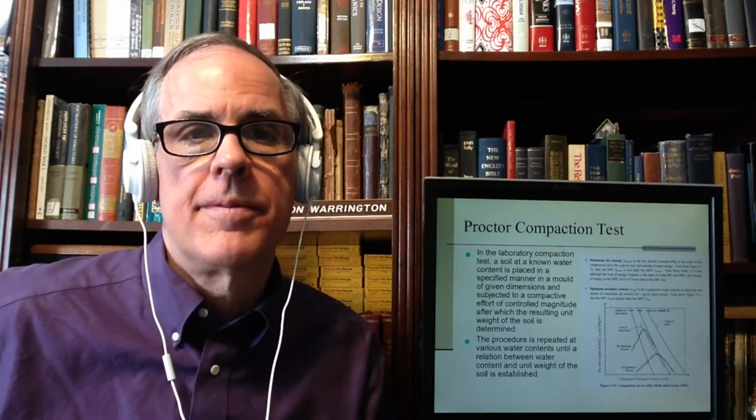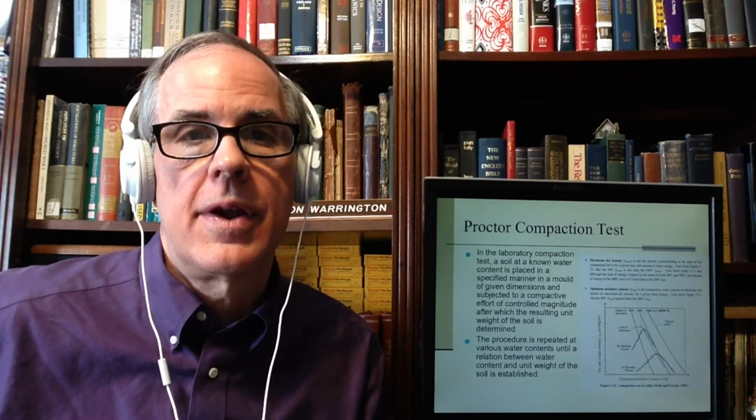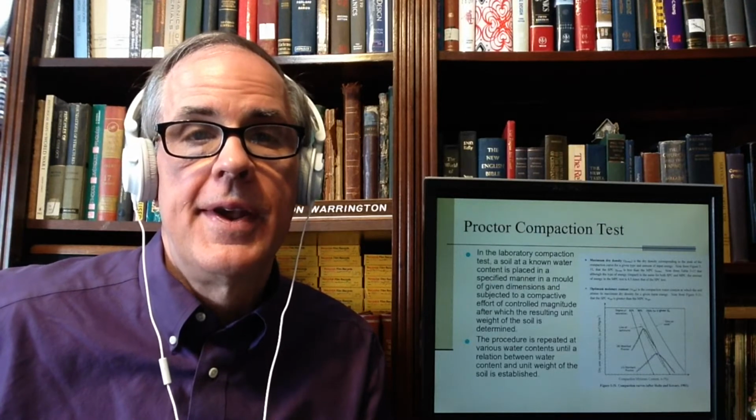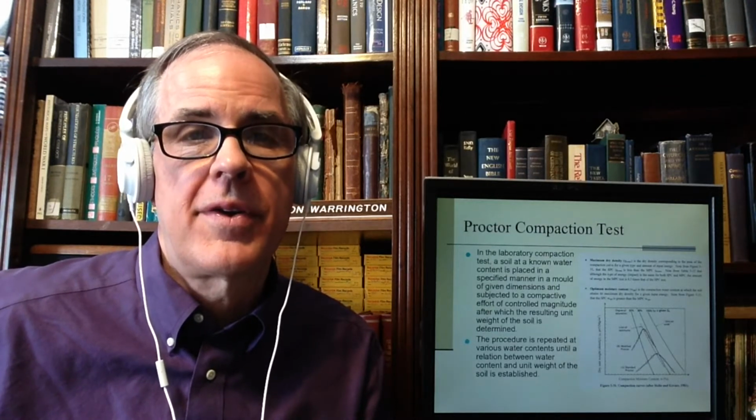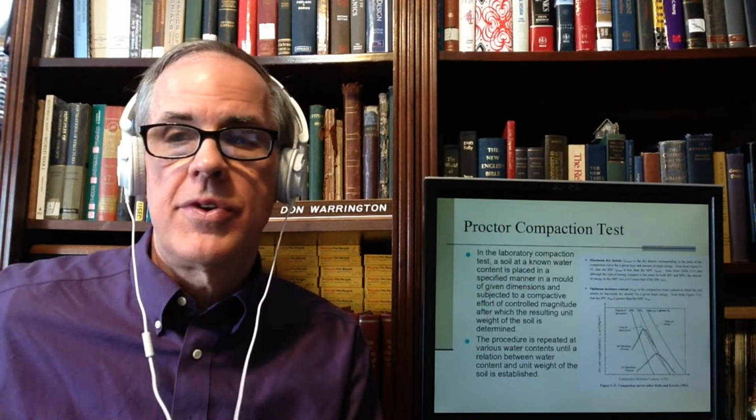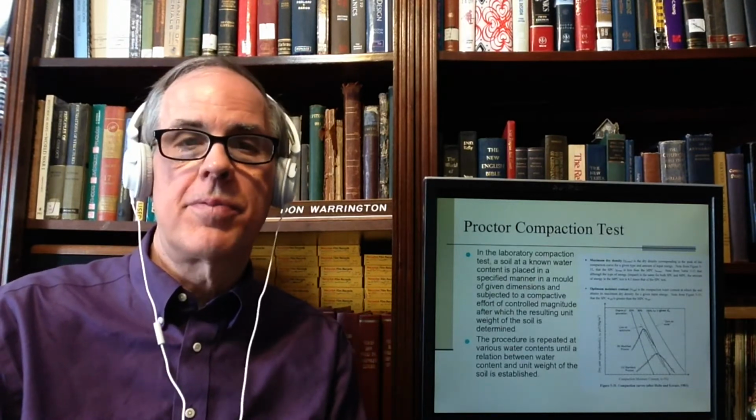The line of optimums is something I feature in Soils and Construction, and it's not a particularly well-covered topic in most geotech textbooks. But let's go on and see what the Proctor compaction test is all about.